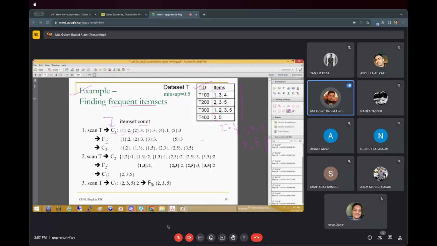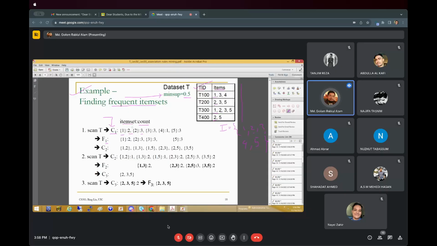This time we have to filter the candidate items using the support threshold. The minimum support is mentioned as 50%, or 0.5. That means minimum support equals 0.5.